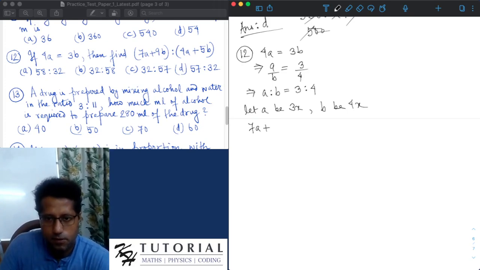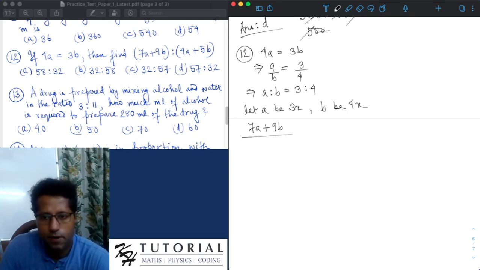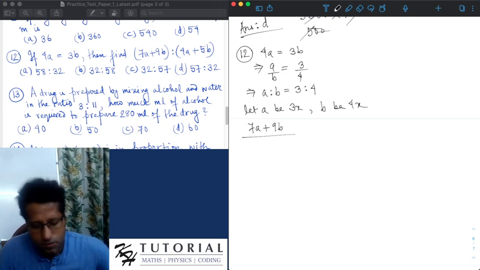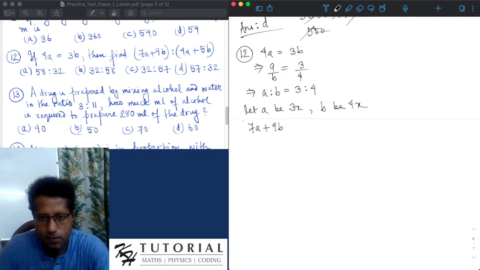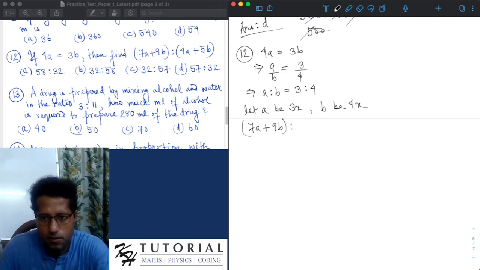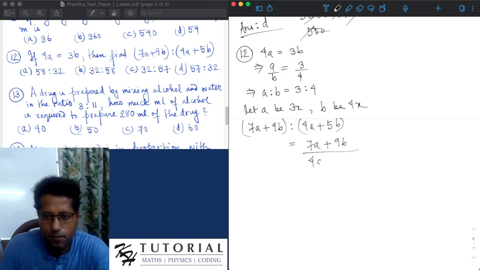We have to find the ratio 7a plus 9b is to 4a plus 5b, which is nothing but the fraction 7a plus 9b divided by 4a plus 5b.